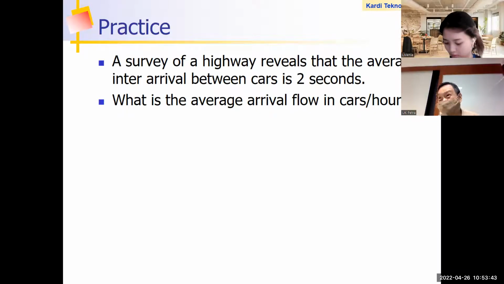How much is the number? One hour is how many seconds? 3,600. And then this inter-arrival is 2 seconds. So that means the flow is 3,600 divided by 2. It is 1,800. So you remember this number.